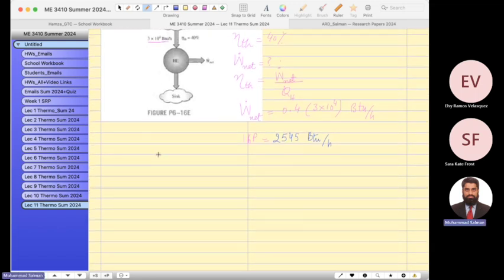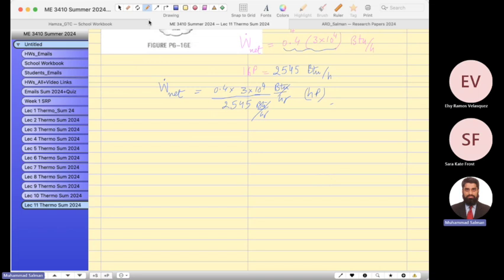So W dot net or power output. So this value, so the answer is in horsepower.